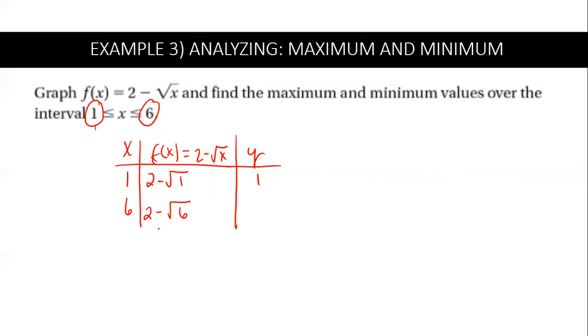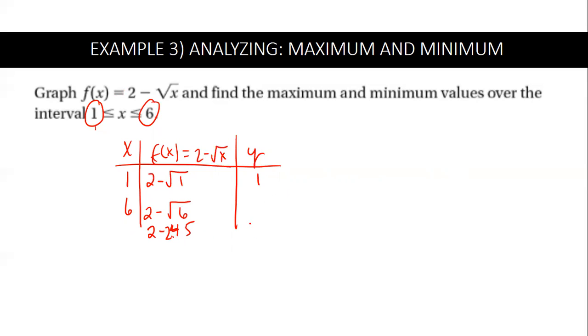So we're going to analyze 2 minus the square root of 6. And to do that, we plug it into our calculator. And so the square root of 6 is approximately 2.4500. So we have 2 minus 2.4500.